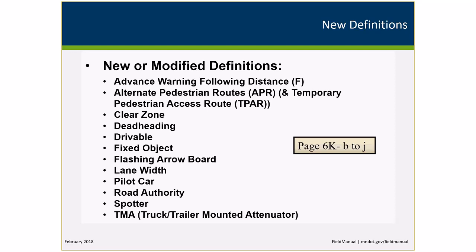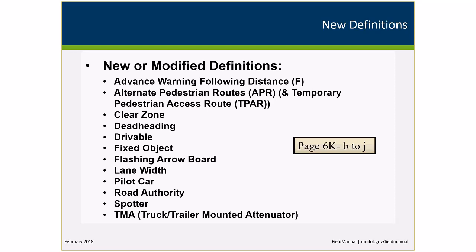Road authority is mentioned on many layouts, but we didn't specifically say what the road authority is, so the definition for road authority was added into the field manual to make it clear who the contractor, or whoever is doing the work, should contact. A spotter was added. We talk about spotters a little bit later in additional enhancements to work zones in order to make them a little bit safer.